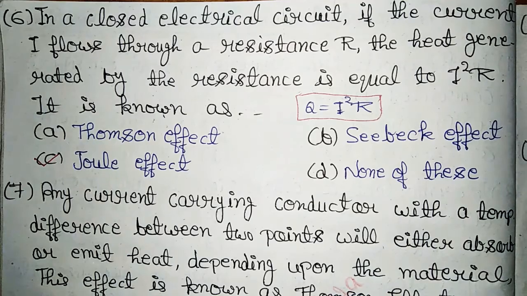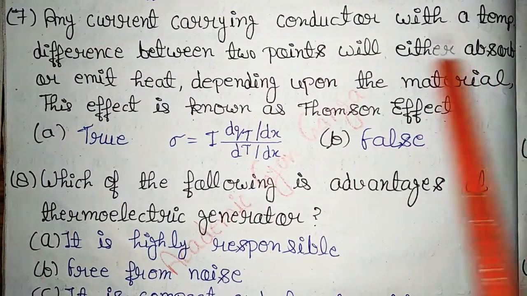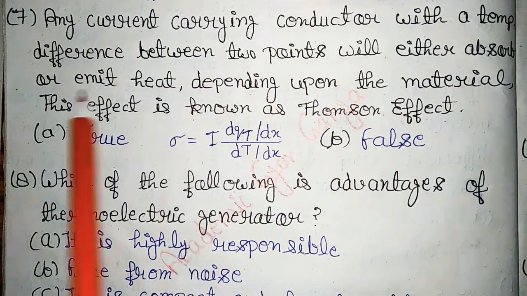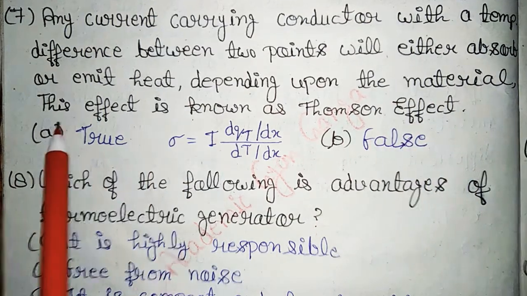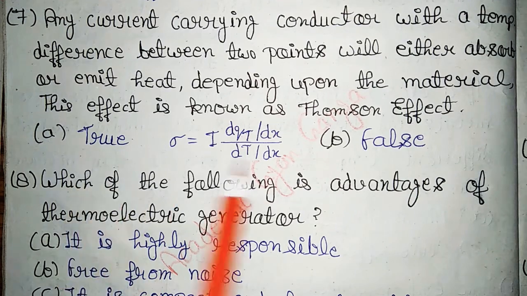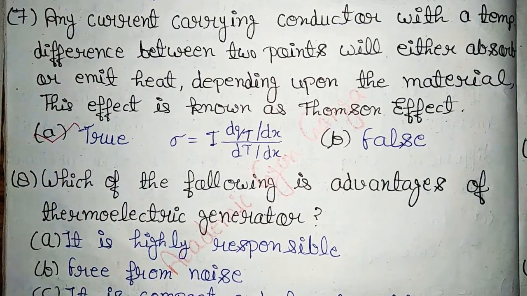Next question. Any current carrying conductor with a temperature difference between 2 points will either absorb or emit heat depending upon the material. This effect is known as Thomson effect. It is true or false? So it is true. Option A is right.